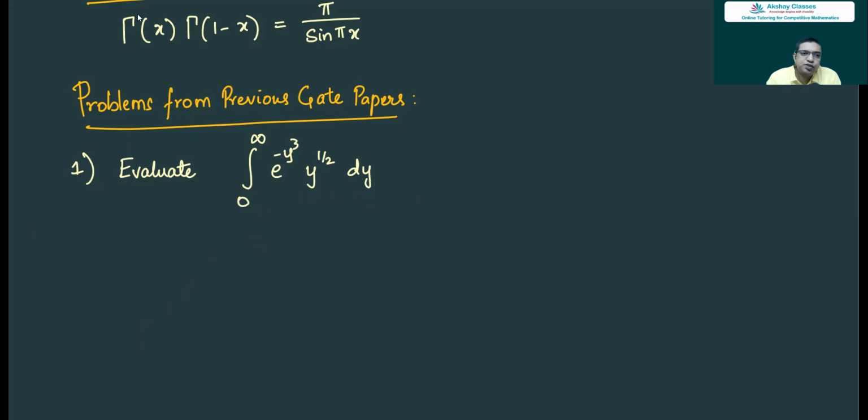Now, let us see how to solve this. Let us use a substitution. Whenever I get e power minus something, the easiest is to remember the gamma function. Gamma of alpha is integral 0 to infinity e power minus x into x to the power alpha minus 1 dx.